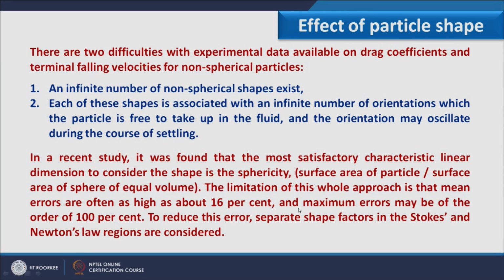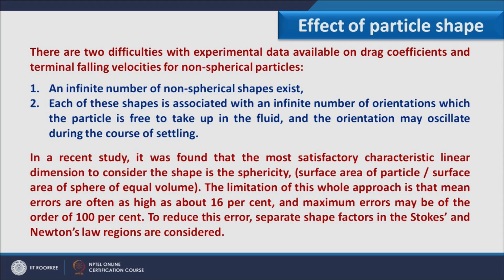And the limitation of this whole approach is that if we calculate the terminal settling velocity using the given equation, and if we carry out experimentation for non-spherical particle, the error used to come about 16% and the maximum error may be of the order of 100%. So, to reduce this error, separate shape factors in Stokes as well as Newton's law region are considered.